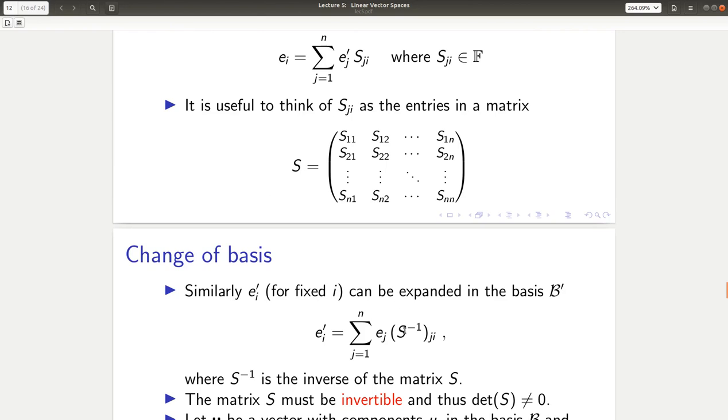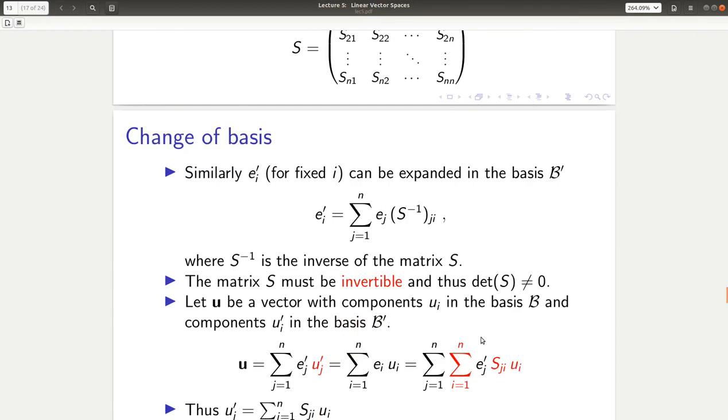So you will require S inverse S to be the identity, so that e_i prime is equal to e_i prime. Just plug this in there. So the inverse of this matrix S appears in this expansion.